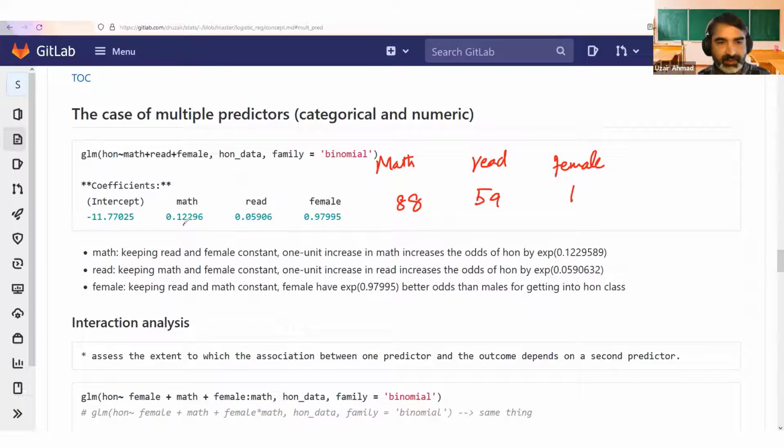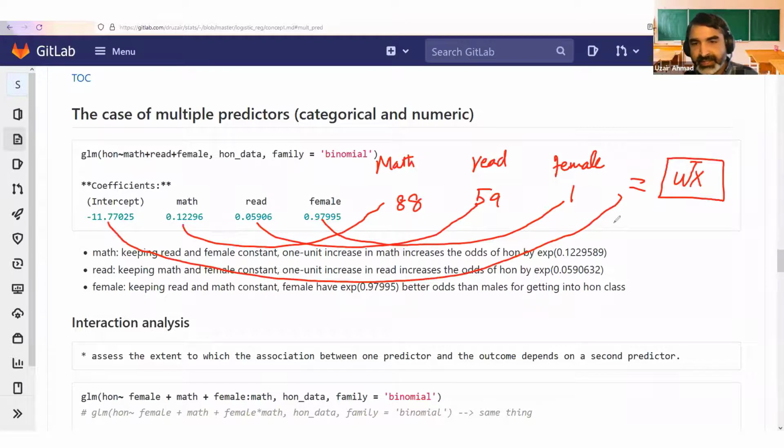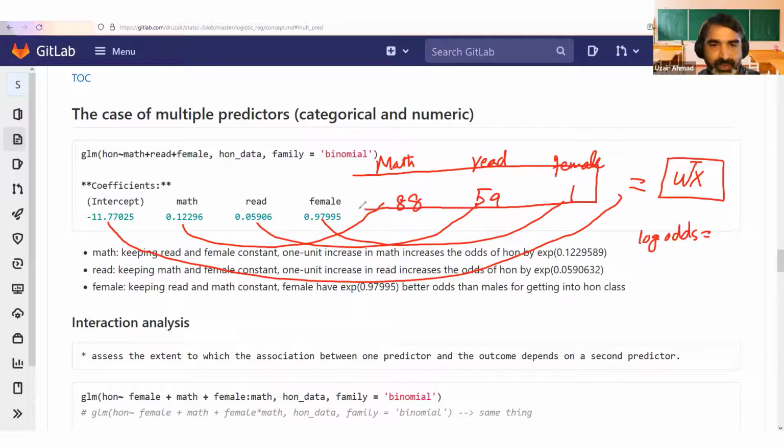In that case, we will multiply math with 0.1229, we will multiply read with 0.059, we will multiply female with 0.97, and then we will add the intercept, and whatever number comes out, W transpose X, represents the log odds of this person, who is female, with a 59 score in reading and an 88 score in math, being in the honors class.